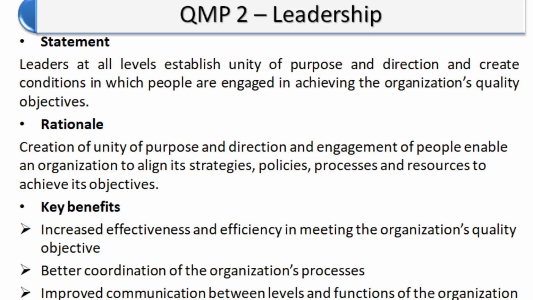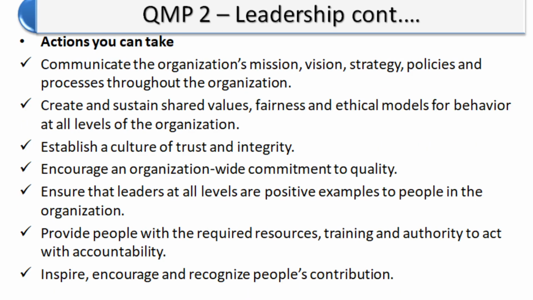Next, the actions you can take. First action you have to take is to communicate the organization's mission, vision, strategy, policy, and processes throughout the organization. This is very important. Second, you have to create and sustain shared values, fairness, and ethical models for behavior at all levels of the organization.